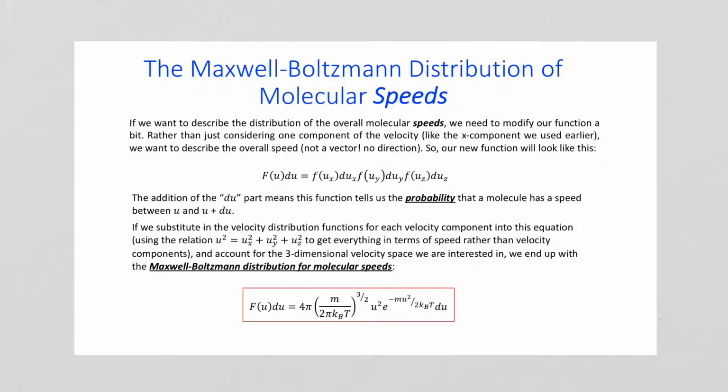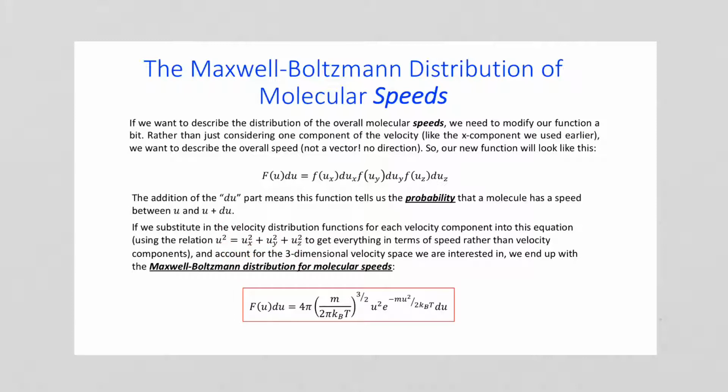Okay, so all we're really doing here is we're going to substitute the velocity distribution we saw last time for f of u of x. Remember there's going to be similar ones for the y and the z components as well. So we're just going to plug those into this expression, and then remember that we can put everything in terms of just our molecular speed with this relation here.